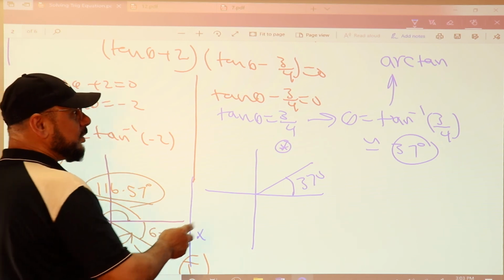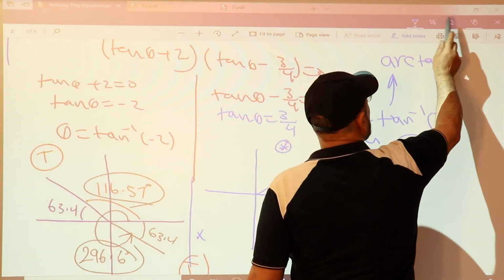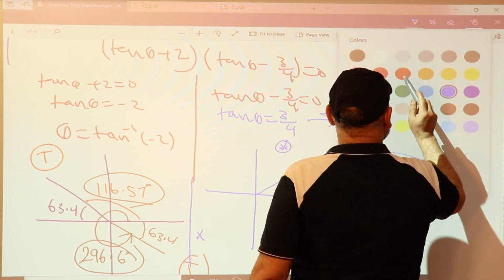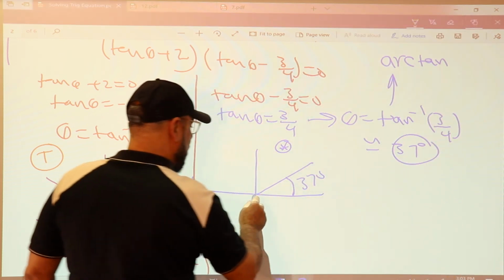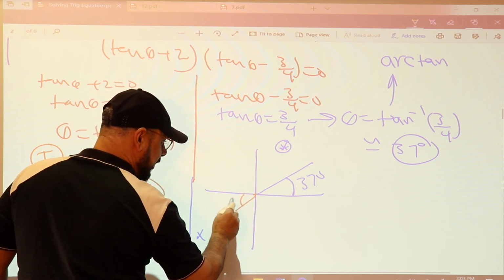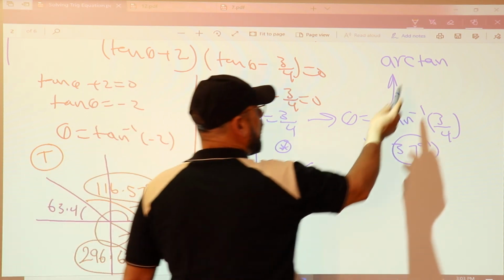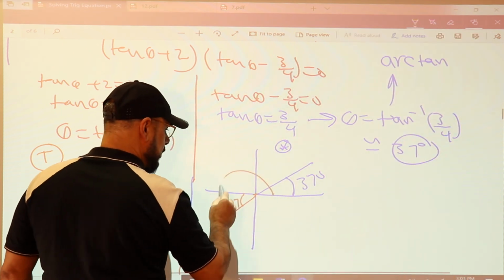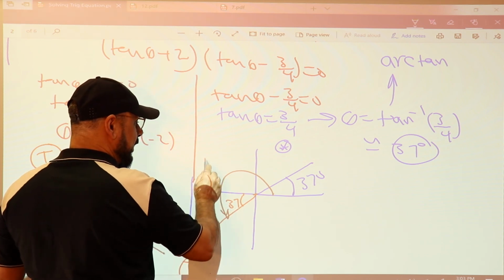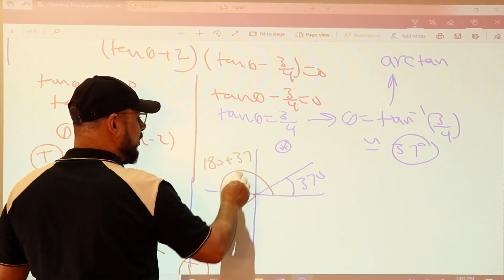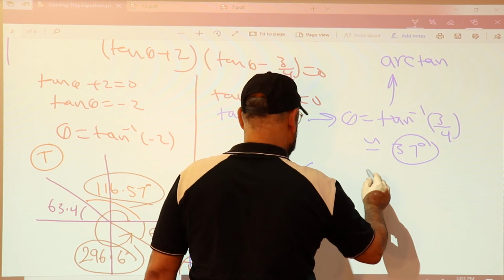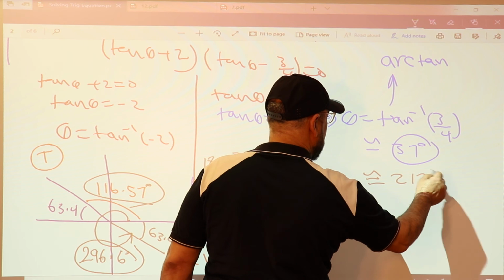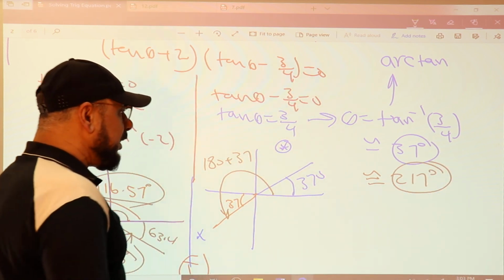And also which quadrant? Which quadrant, guys? Third quadrant. Then we have 37 here. But what we need is not only the 37, we need from here, which is 180 plus 37, the other answer, about 217 degrees. Now if you need the radian, the same thing.